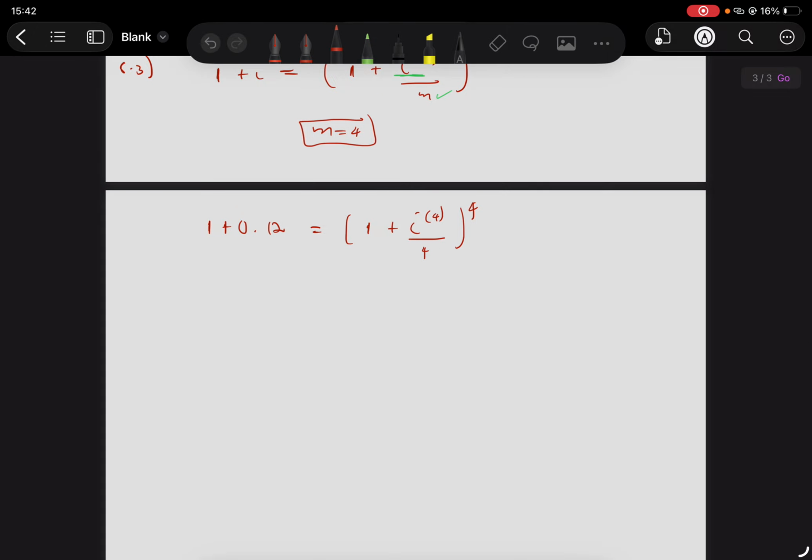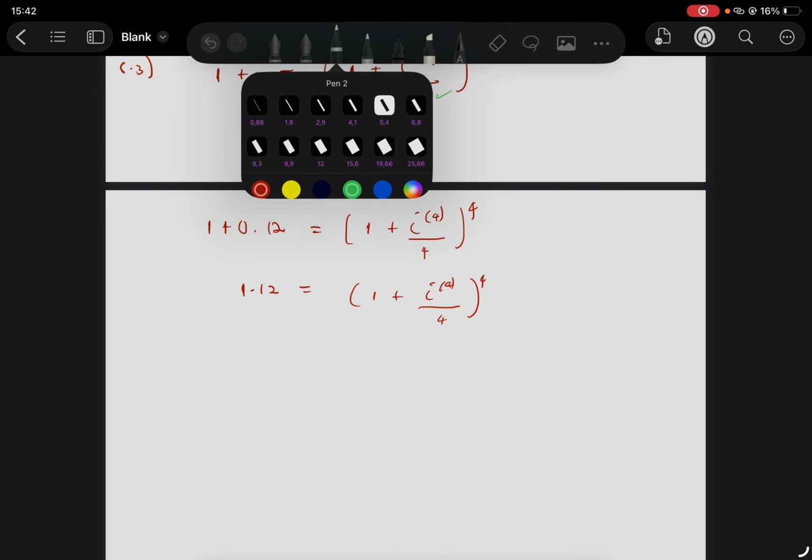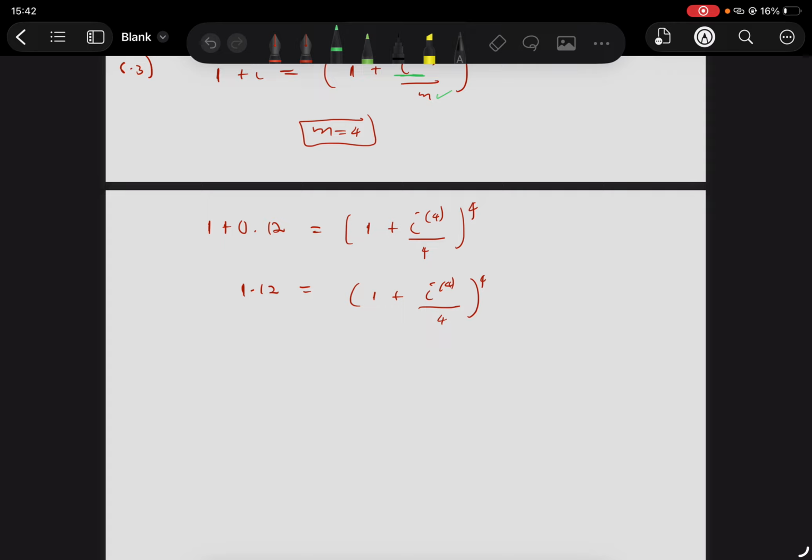We are converting the effective to nominal, right? So this is 1.12 is equal to (1 plus i4 over 4) to the power of 4. If we want to remove that 4, this is equivalent to multiplying by 1 over 4, so that this 4 cancels that 4.